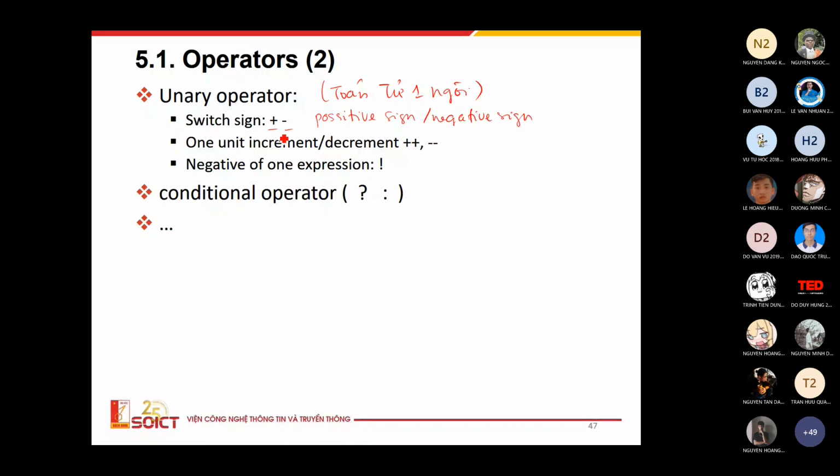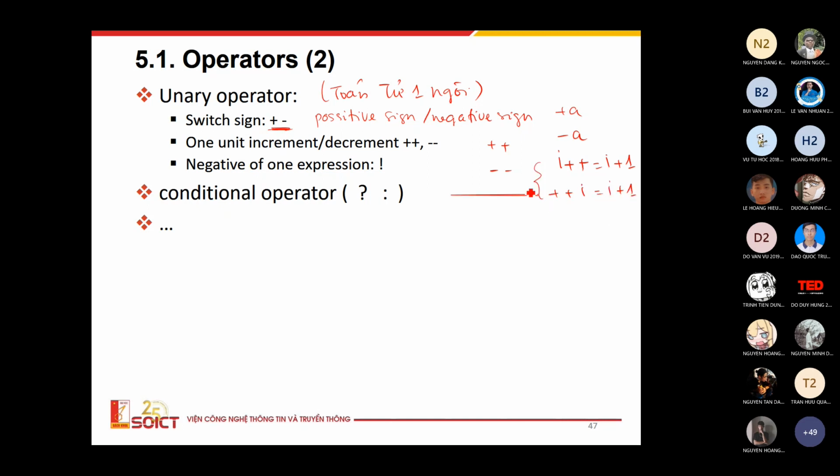You use this switch sign, plus A or minus A. For example, you have the operator 1 unit increment or decrement, plus plus or minus minus. Okay. For example, E plus plus, that means E increases 1. Okay. Plus plus E, the same, E plus 1.